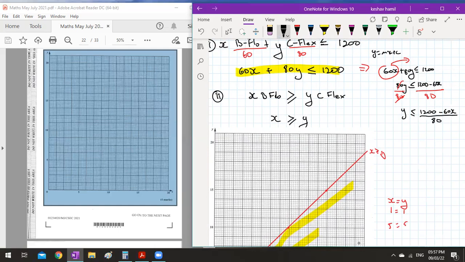Now this has to simplify in order to be able to fit it on the graph. So 1200 over 80 minus 60x over 80.